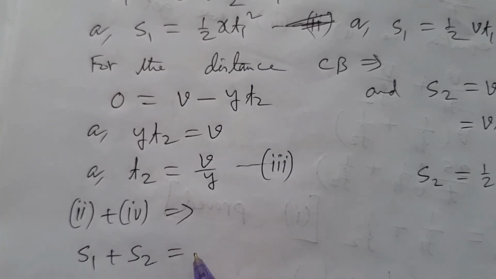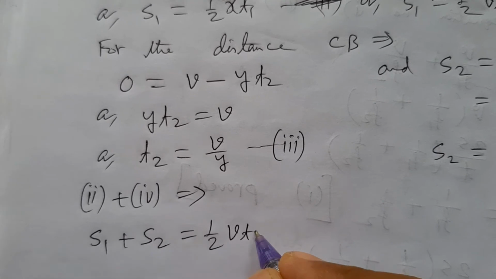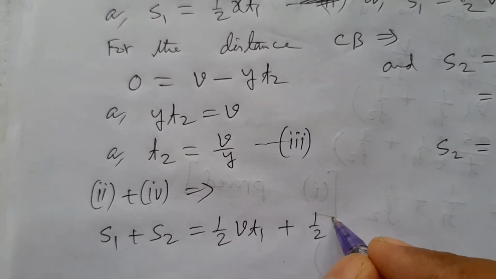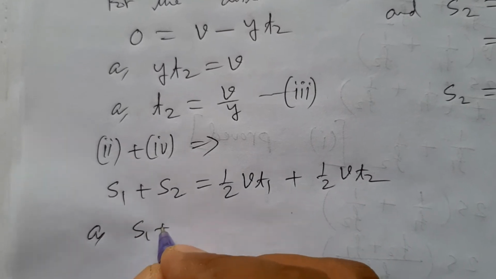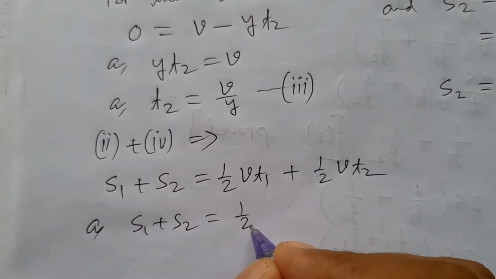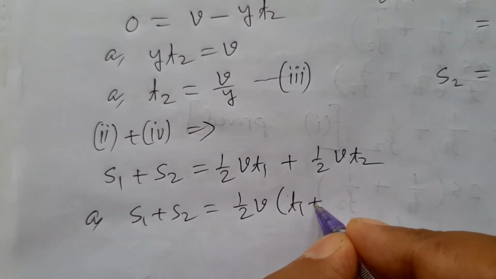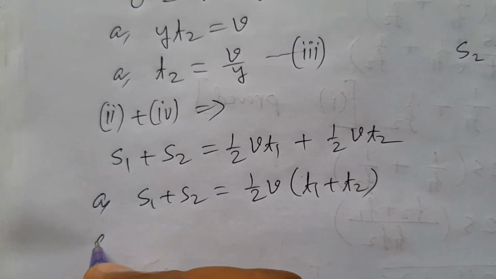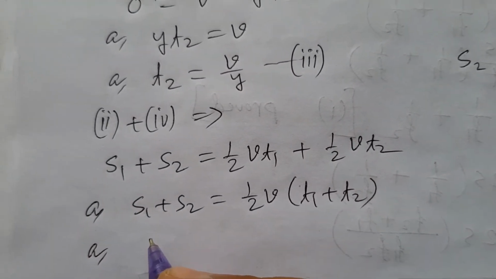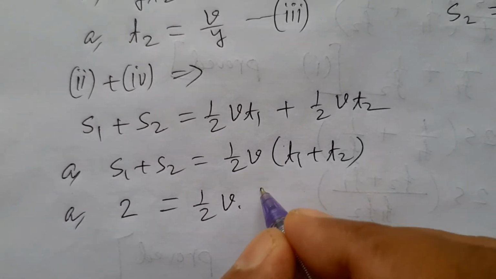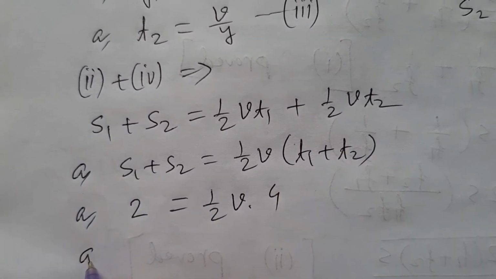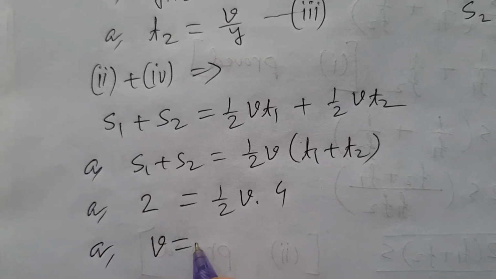Here s1 is half of v t1 and s2 is half of v t2, so s1 plus s2 is equal to half of v, common, times t1 plus t2. Here s1 plus s2 was 2 kilometers, 2. Half of v times t1 plus t2, which was 4. So from here finally we get v is equal to 1.